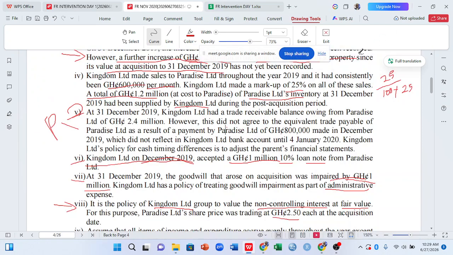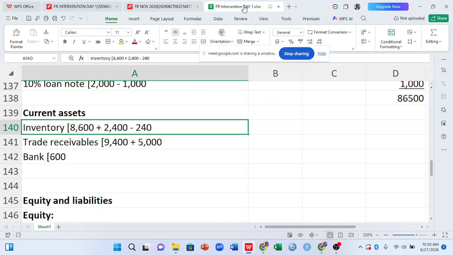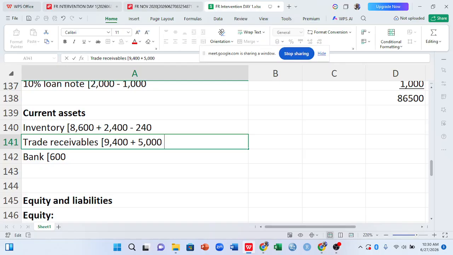Remember we said the receivable one you less from the receivable, the payable you less from the payable. The difference becomes your cash in transit or goods in transit. In this case, we have cash in transit. So trade receivable balance, we're told that it's 2.4 million. So when we come to trade receivable, less the 2.4.